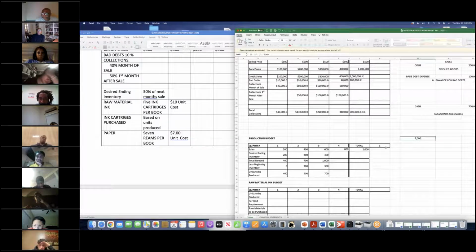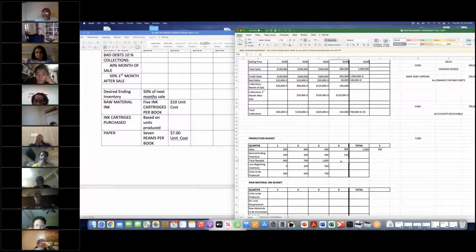So when we get over here to the second year, the number for sales in the first quarter is going to be 700. So we need 50% of the 700, or 350. Because we're expanding, we can't just have a few there now. We're growing. So that's 350.